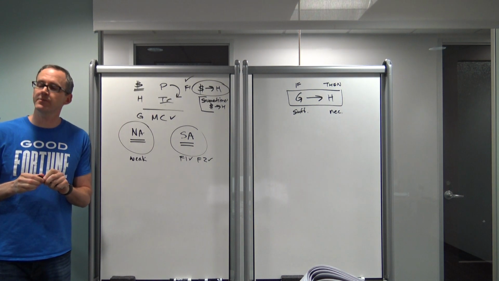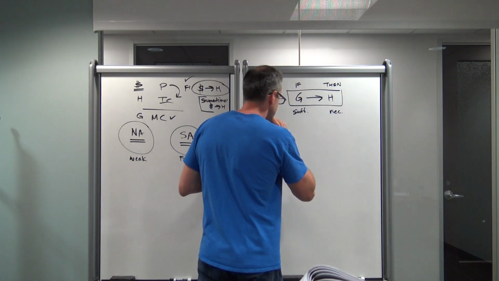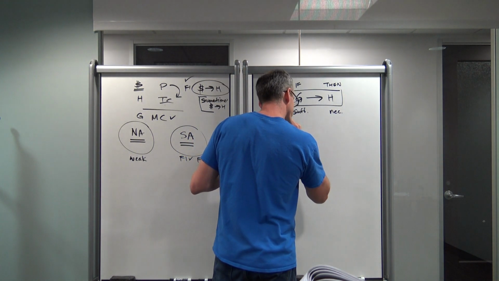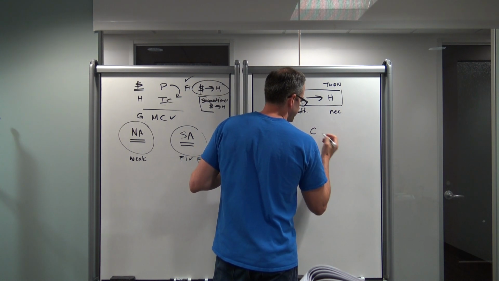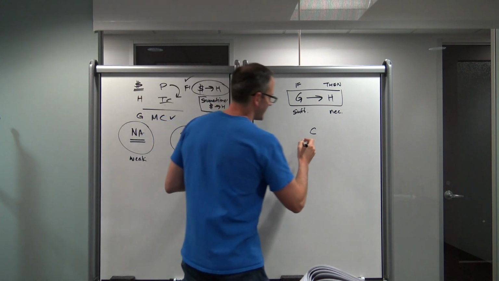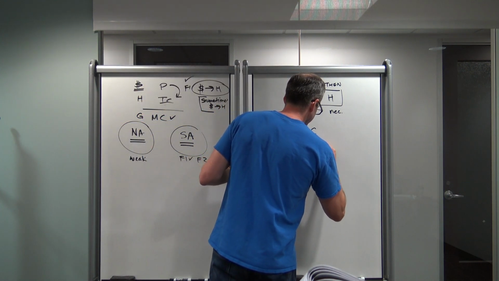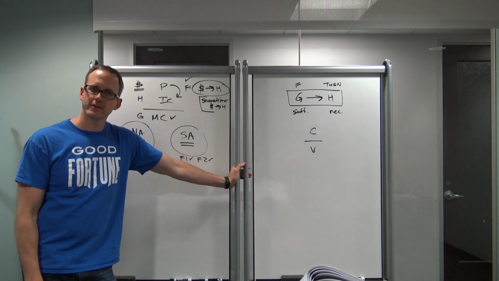So to give you an example of that, let's just say that I said to you, hey, that door is nicely crafted. It's crafted nicely. Sound good? Therefore, it is valuable. What do you guys think?